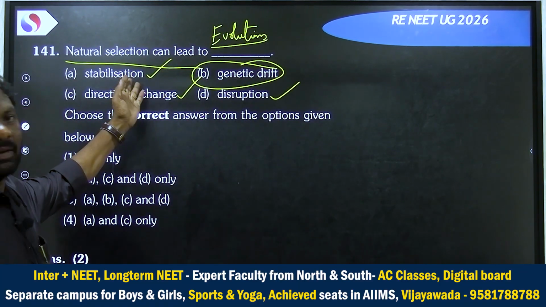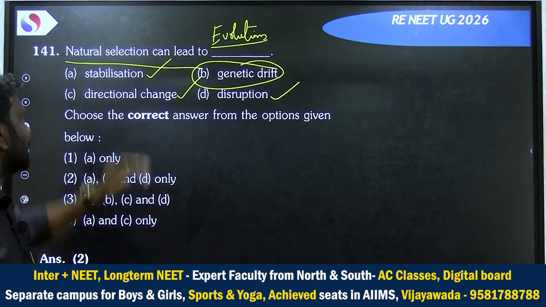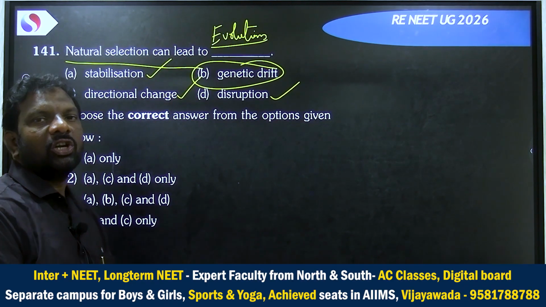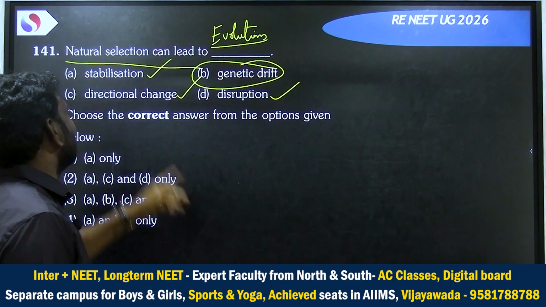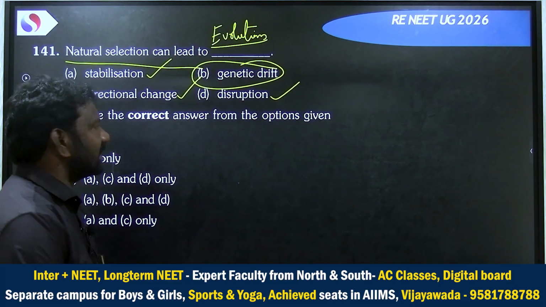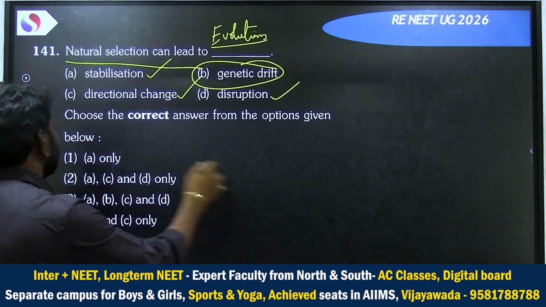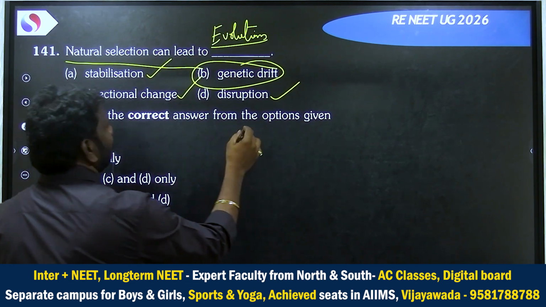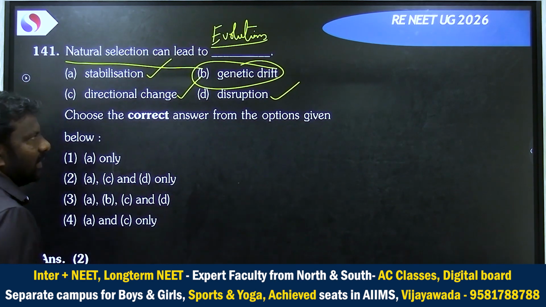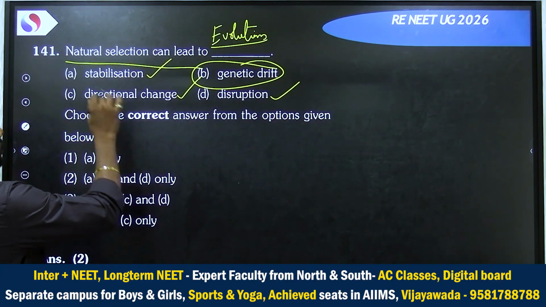In stabilizing selection, more individuals acquire the mean character value. In directional selection, more individuals acquire a value other than the mean. And the third one is disruptive selection. So the question asks to choose the correct answer from the options given below. What is not related to natural selection?